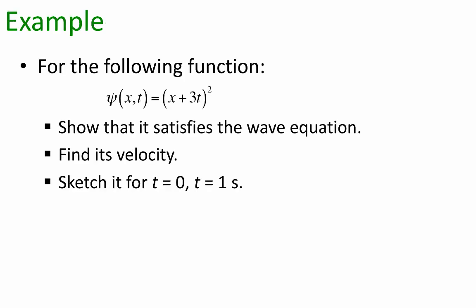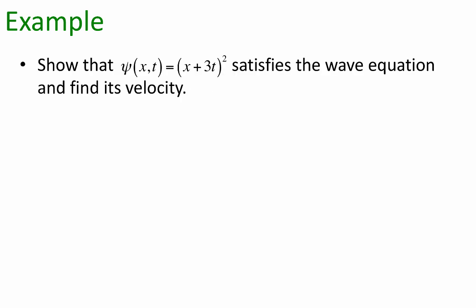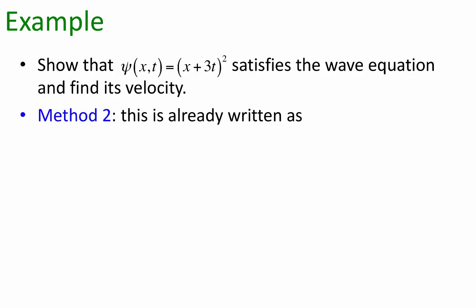Right, let's do an example where we take this function x plus 3t squared and show that it satisfies the wave equation. Let's use method 2, because it's pretty easy. This function is already written as a function of x plus vt. Right?